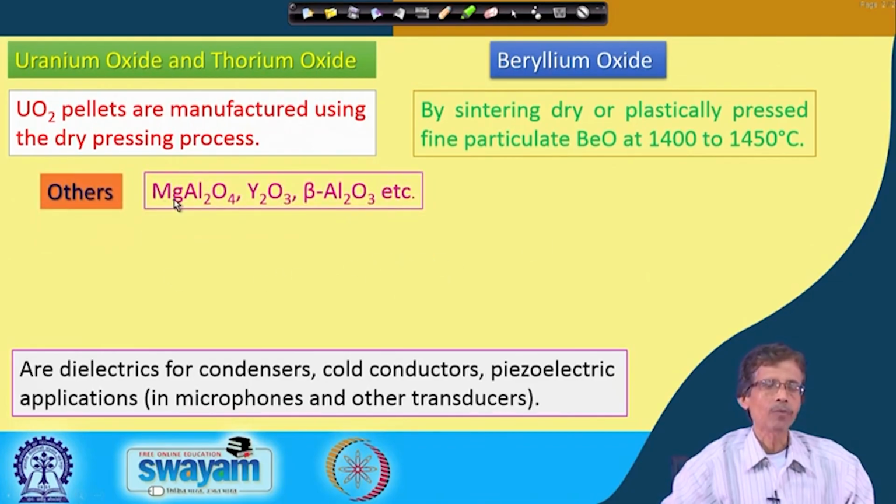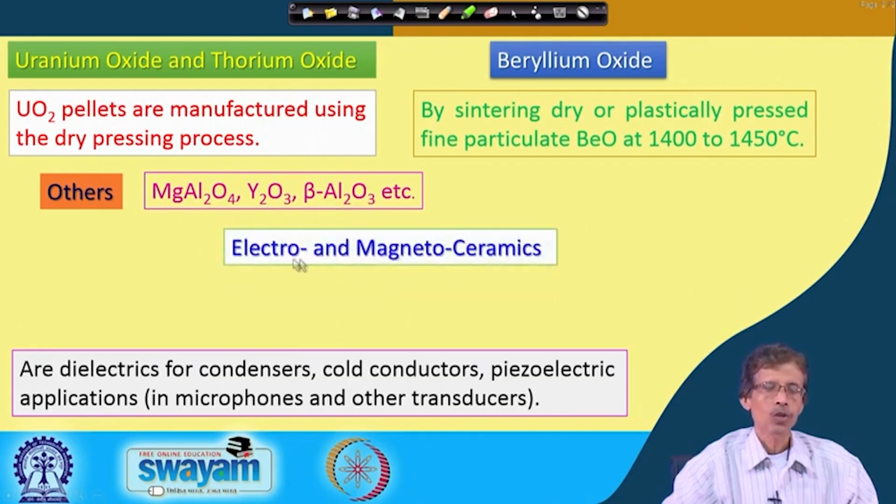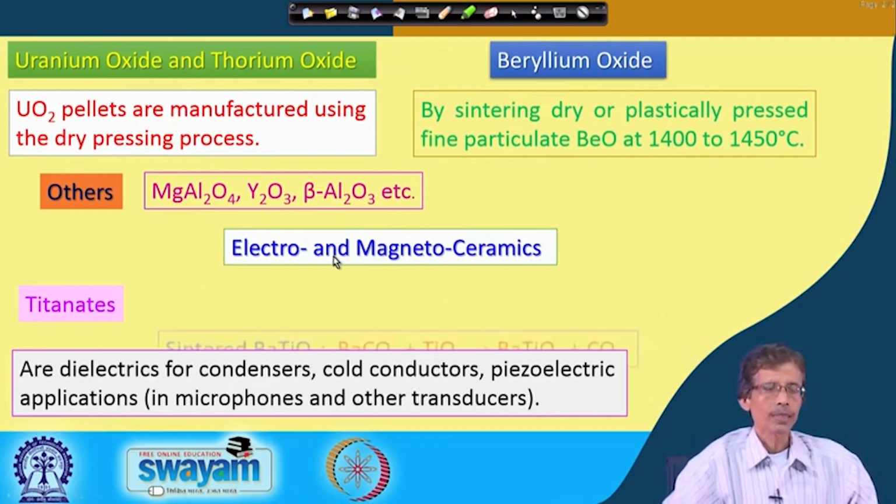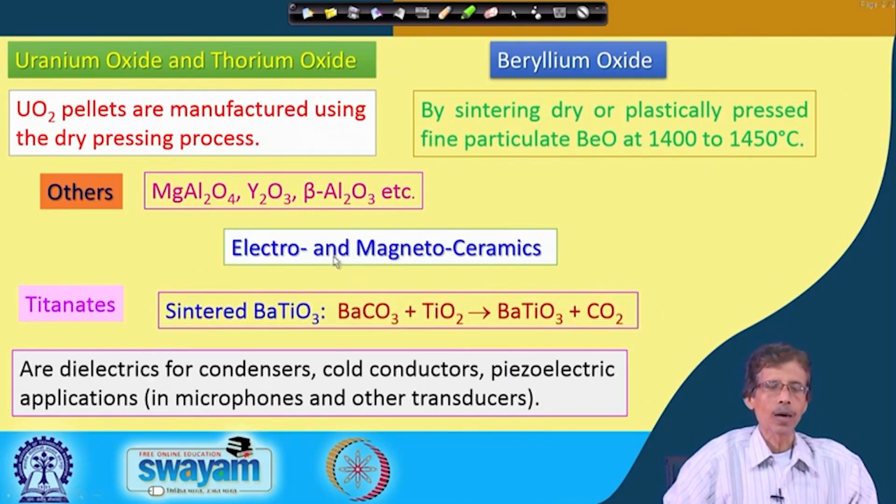Then others we can have are mixed materials like magnesium doped aluminate, yttrium oxide, or the beta variety of Al2O3. Now for electro and magnetoceramics, what do we use? We can use different types of titanates, where we use barium titanate.